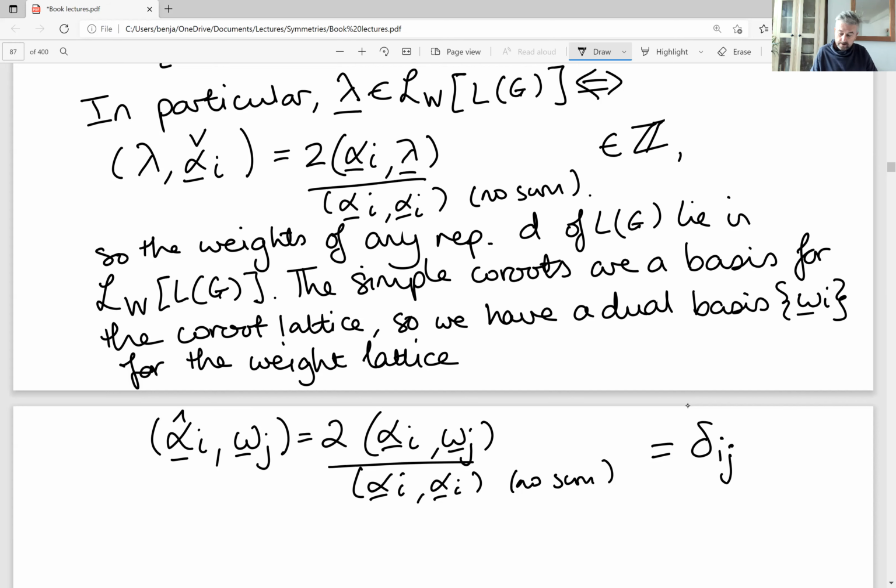So that's going to give us a dual basis for the weight lattice. These w_i are important. They're called the fundamental weights of the Lie algebra.